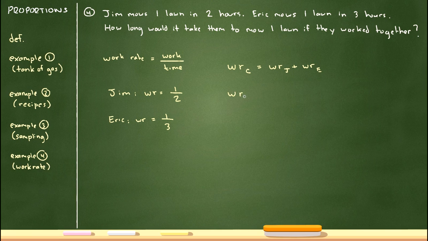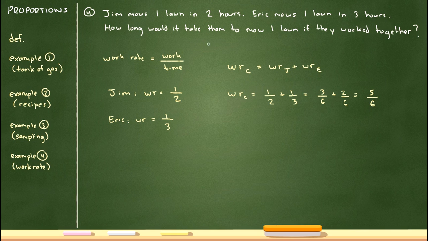Okay, so the combined work rate would equal 1/2 plus 1/3. And so what do we get for this combined work rate? How fast could they work? Well, when we want to combine this, it's going to be 3/6 plus 2/6, which is equal to 5/6. Okay, now that's not what the question is asking, but we're going to need this information here.